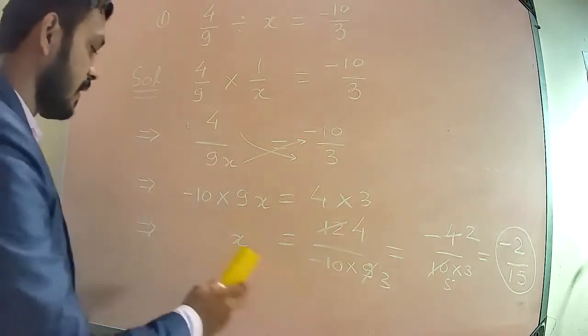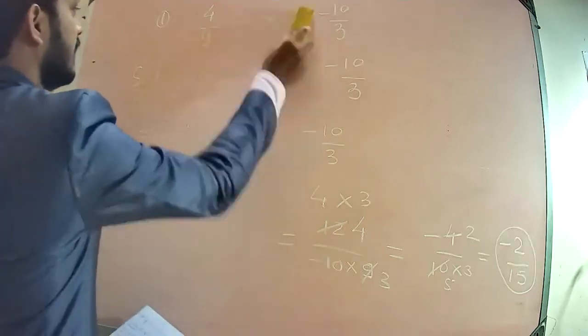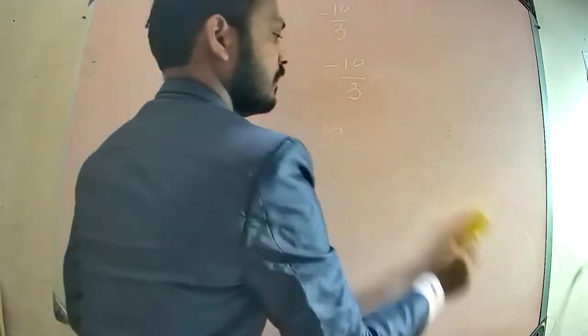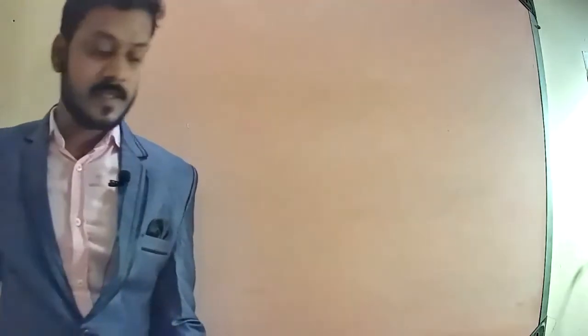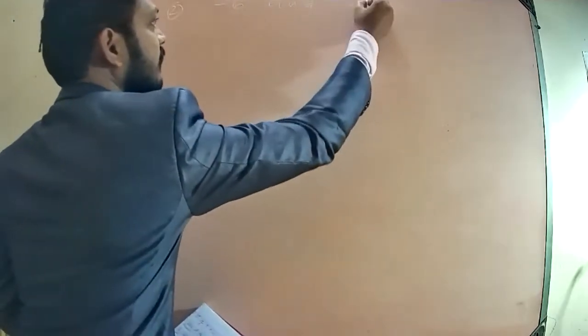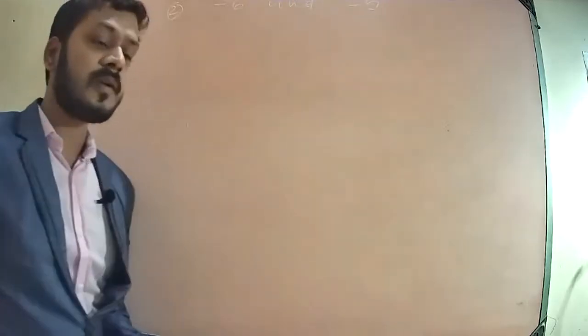Which of the following are rational numbers between minus 6 and minus 5? Okay, minus 6 and minus 5. Which are the rational numbers between these two given numbers? So firstly we can observe here whether minus 6 and minus 5 are rational numbers or not. Okay, reply to me.